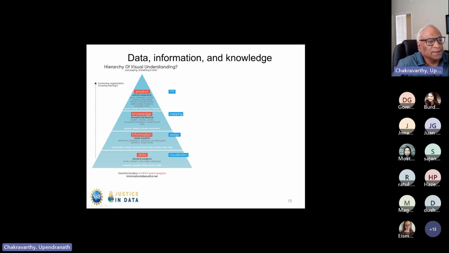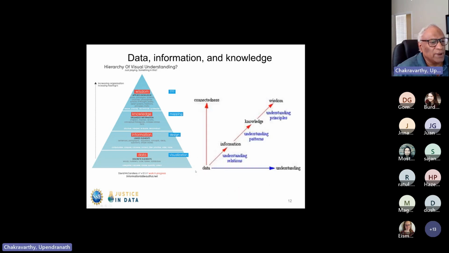We will see later that metadata can be a way of converting data into understandable information. Then there is knowledge. That's what we want to derive out of this. And finally, wisdom. I think we still don't know how to automate deriving wisdom. Humans do it, and we still don't understand how exactly we do that.